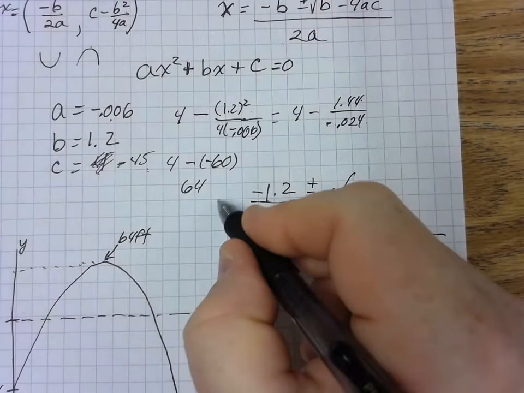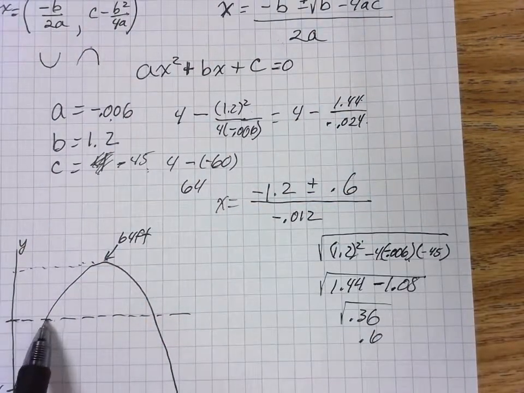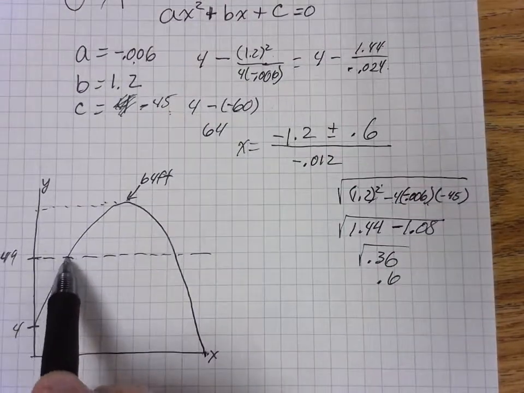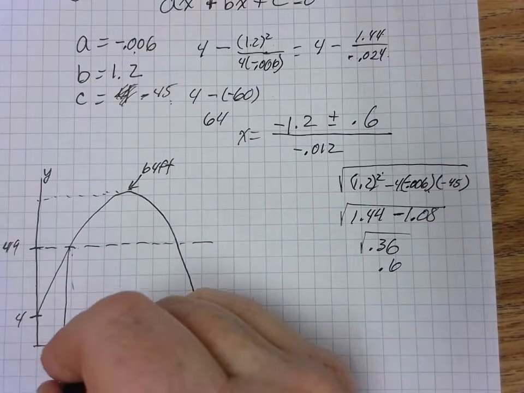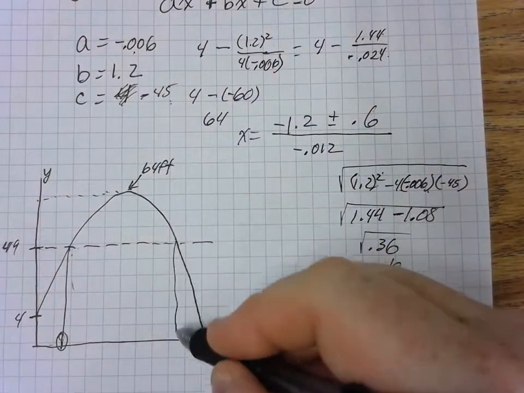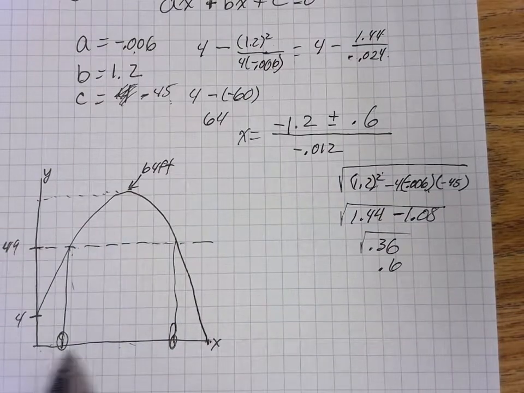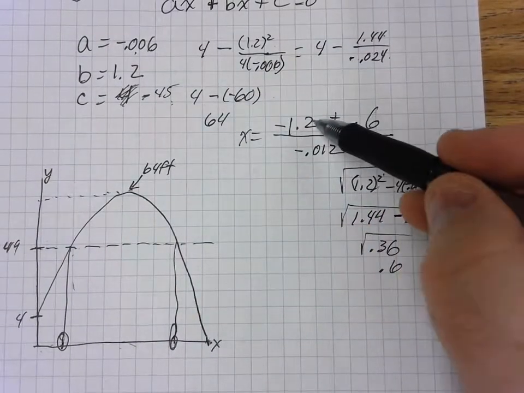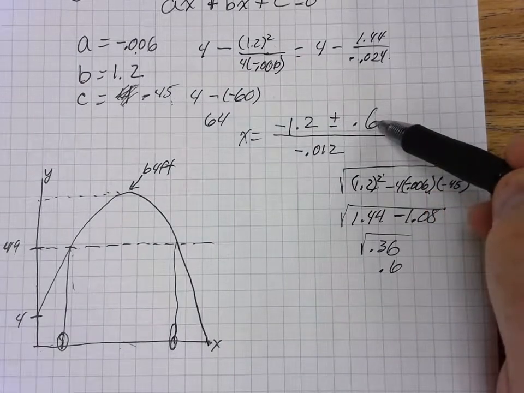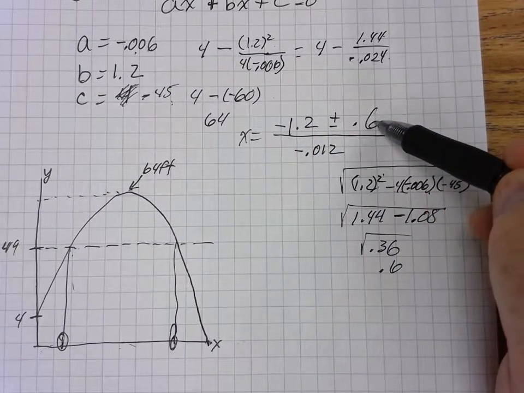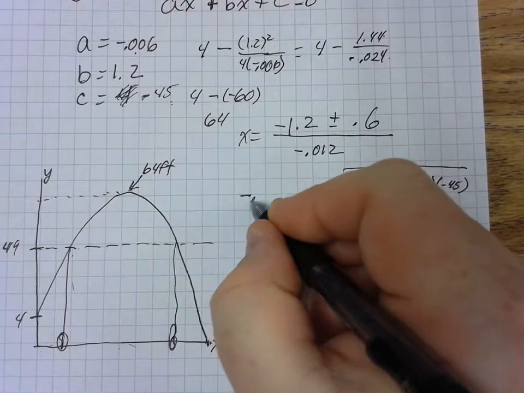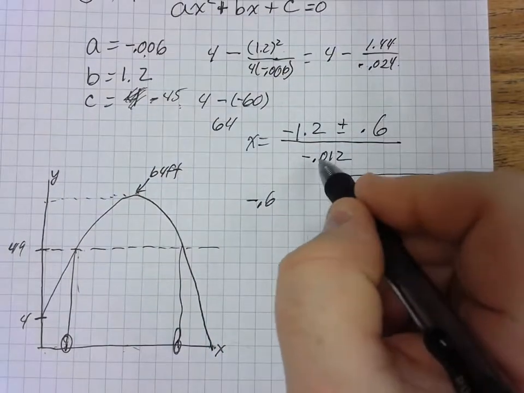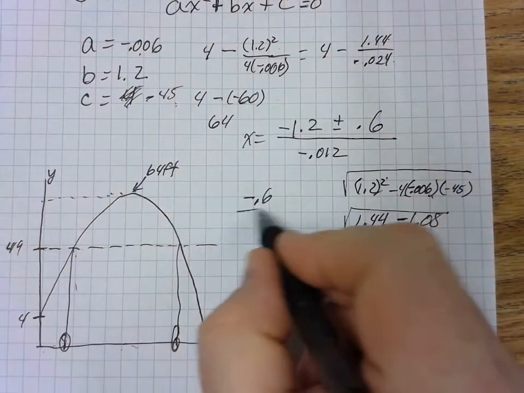Now we have two calculations for X intercepts, because we are calculating the X value from the graph, which is this distance here and this distance here, the two different distances the firefighter can stand from the building. One of those calculations is negative 1.2 plus 0.6, which gives us negative 0.6, and we divide that by negative 0.012.